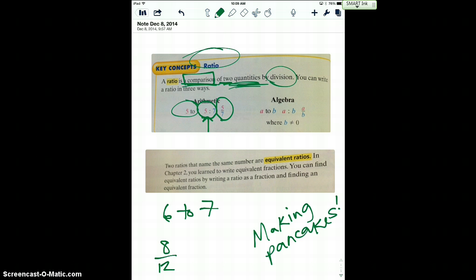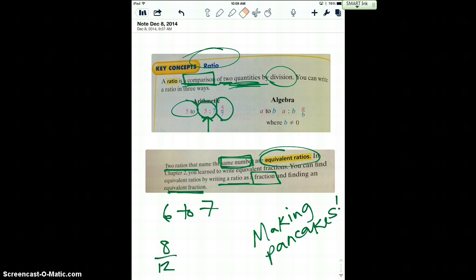Something else we need to know about ratios is that we can have equivalent ratios. That's just two ratios that name the same number. They represent the same amount. You can find equivalent ratios by writing a ratio as a fraction and finding an equivalent fraction.